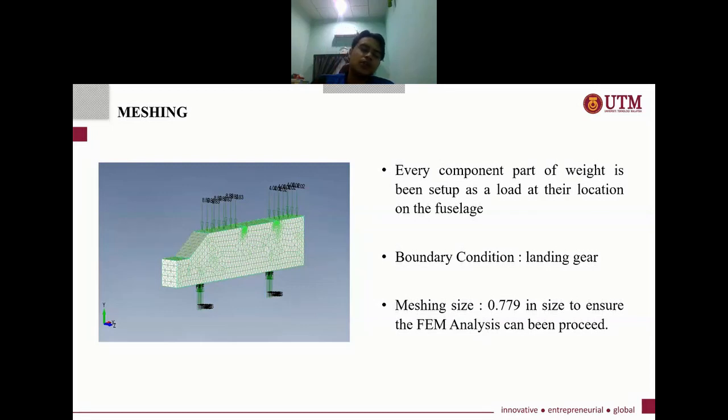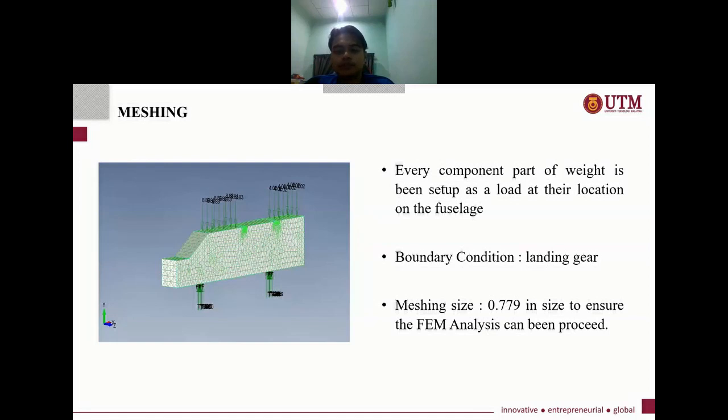If possible, we need to set the meshing size to the smallest size that we can do for the software, because a smaller meshing size will be more accurate in terms of the simulation and the exact location of the stress.